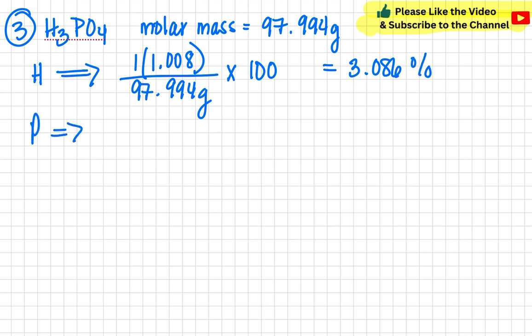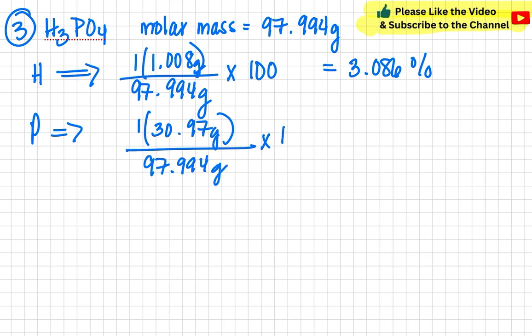Per the periodic table, phosphorus has a molar mass of 30.97 grams. Divided by 97.994 grams times 100. Doing the math gives us 31.604%. And then last but not least is oxygen.